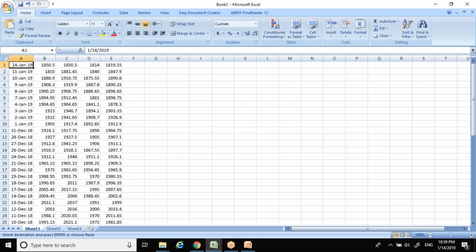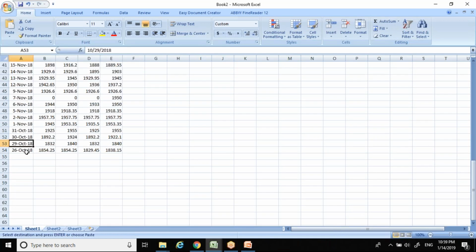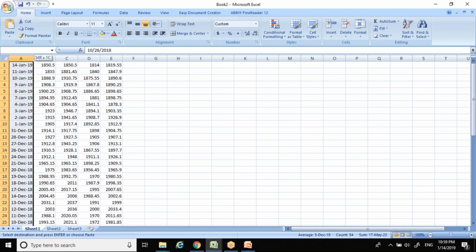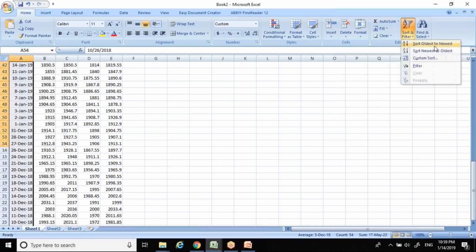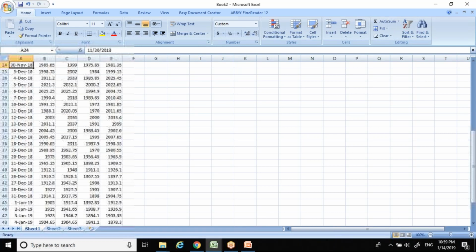It should also go from old historical date to new date. So I'm going to sort it because we need to get the correlation. So sort oldest to newest. Expand the selection. Yeah, so we have oldest to newest. Now we have old data first.